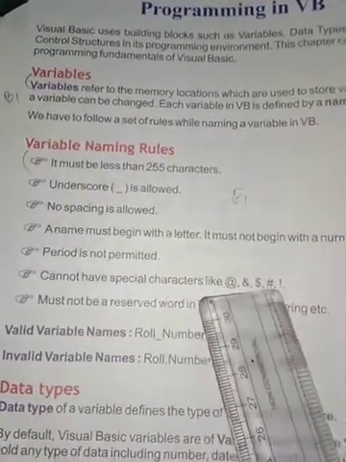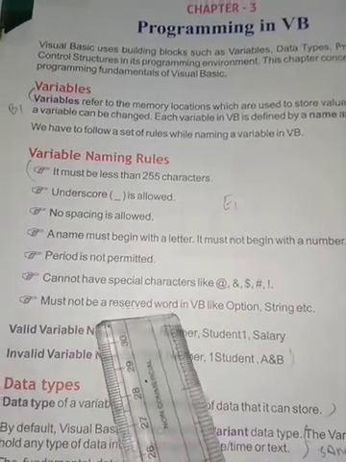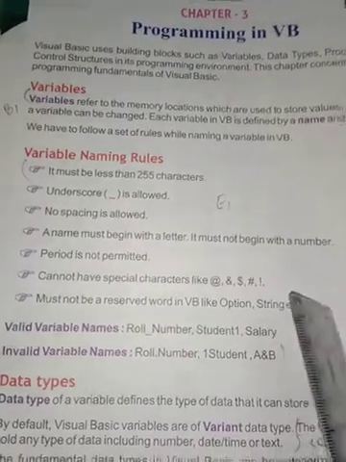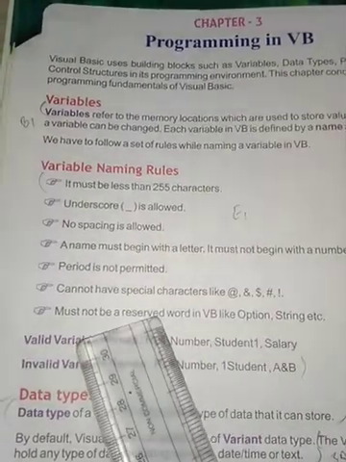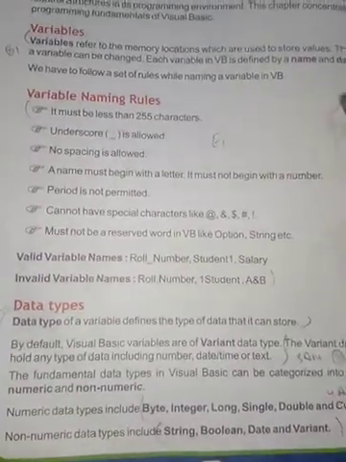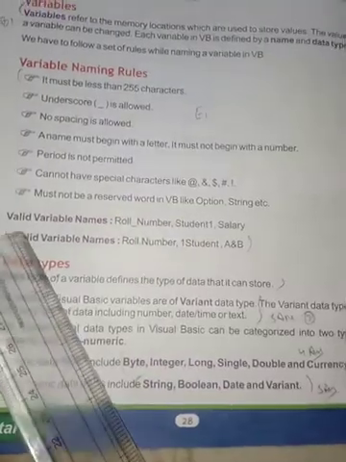It must not be a reserved word in VB like option, string, etc. There are many reserved words. Reserved words are words which are already defined, so you cannot give those words as your variable name.